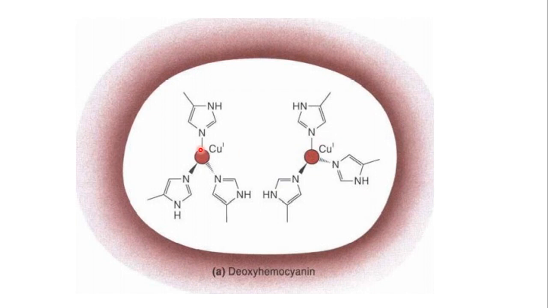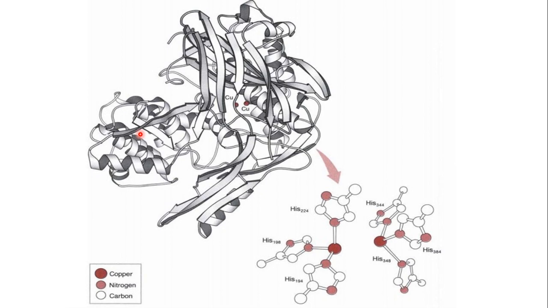Initially the copper is in +1 oxidation state and it is surrounded by the histidine groups. Here they have just shown the imidazole part of the histidine group, and this pink color is the protein part. This protein part will look like a helix, you know the structure of these proteins. And here this is the copper center, where the 2 copper are present in their +1 oxidation state.